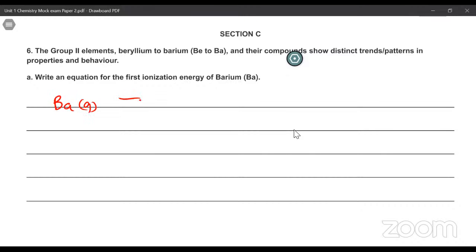Remember that? So Ba plus, I know you're used to seeing barium in its 2+ state, but seeing that this is the first ionization energy, only 1 electron is removed. So you would just want to say plus 1 electron, and the state for the ion would be gaseous as well. And that would be the equation for the first ionization energy of barium, okay?